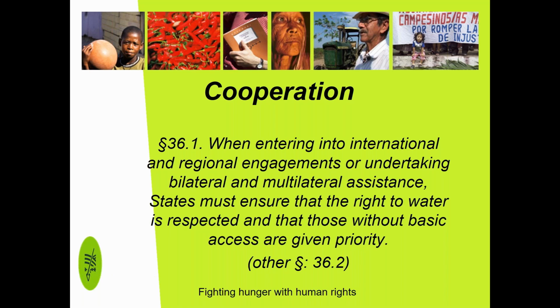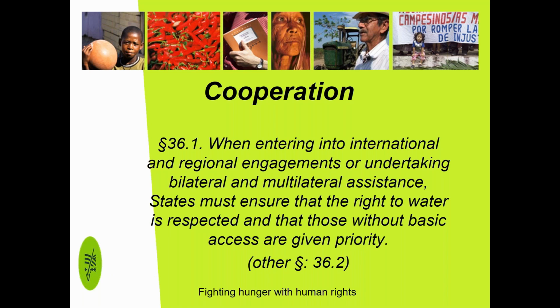Of course, we know there's corruption, as we will see at the end, and sometimes some authorities or government officials don't care too much about their citizens, but this should change. And this kind of paragraph is very important when you make your human rights analysis and when you want to show what is behind these bilateral agreements and assistance.